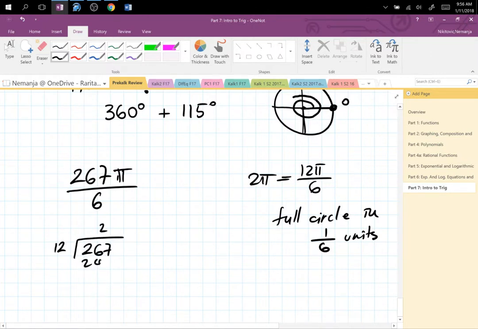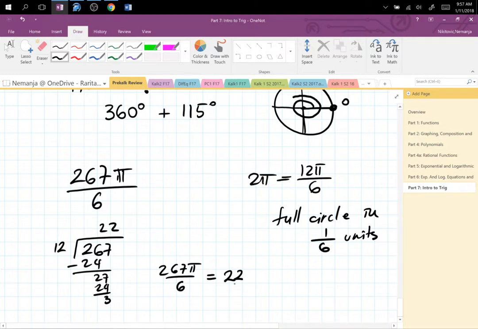You get 2, it's a 24, it's another 27, it's another 2, 24, and you are left with 3. So what do you have? 267 pi over 6 is equal to 22 full circles, right?